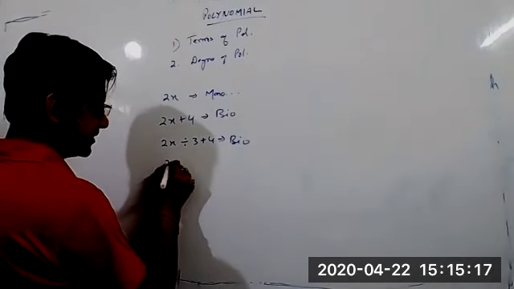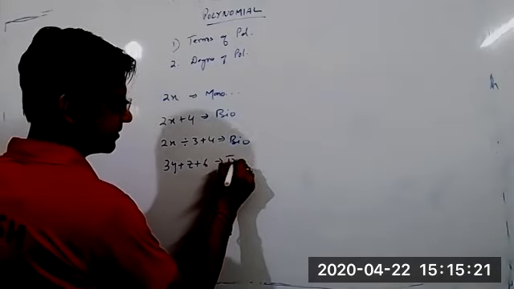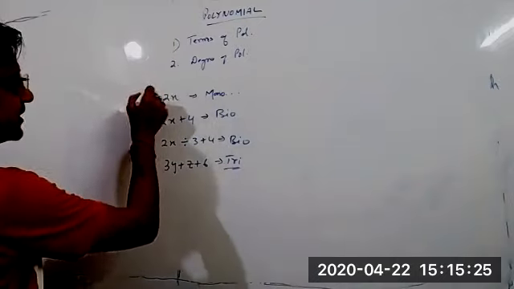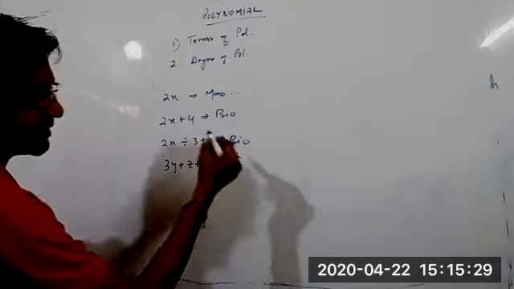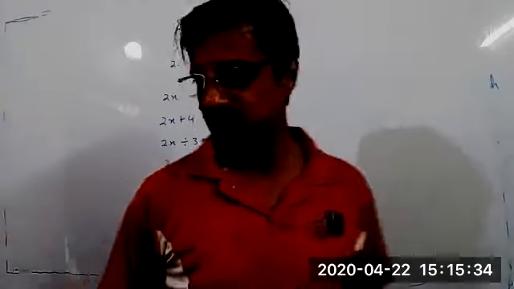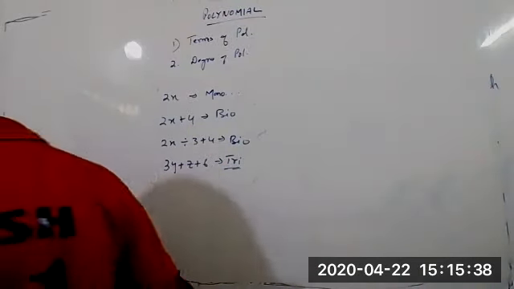Okay, so 3y plus z plus 6 is trinomial. So in terms of polynomial, we say monomial, binomial, trinomial, or polynomials straight away, more than one. Okay. So monomial, binomial, trinomial, you understood?